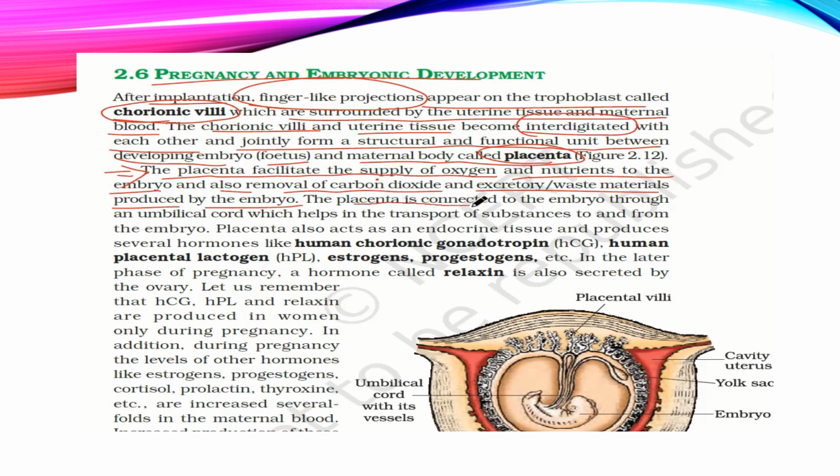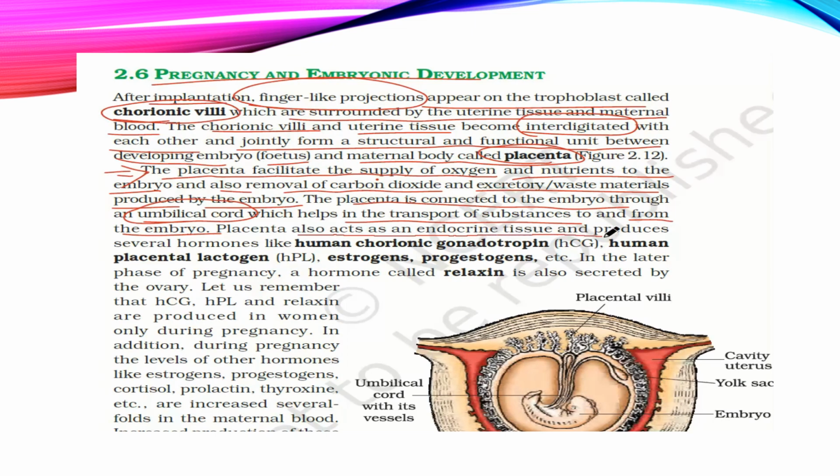The placenta is connected to the embryo through the umbilical cord, which helps in the transport of substances to and from the embryo. So the umbilical cord is the connector.